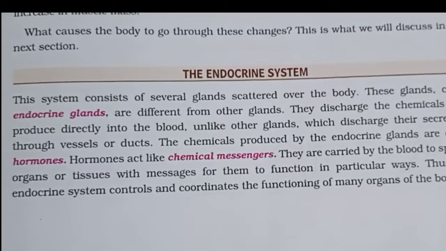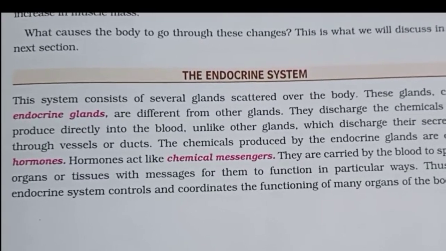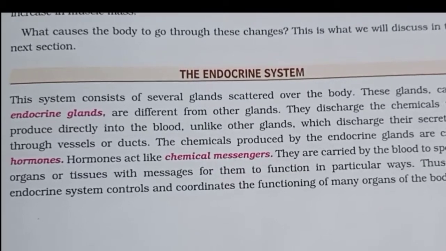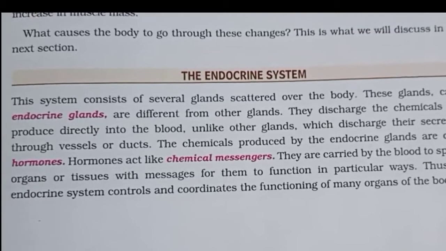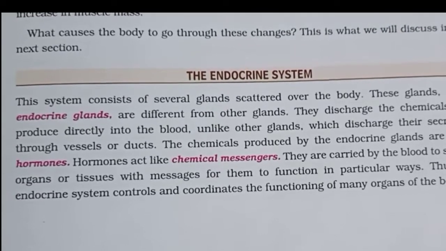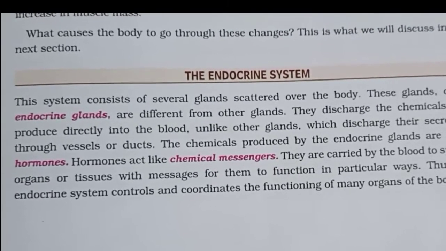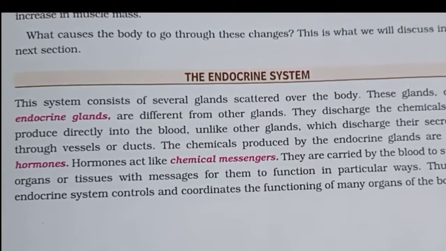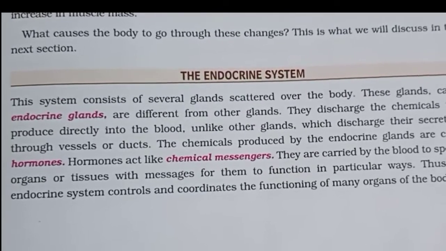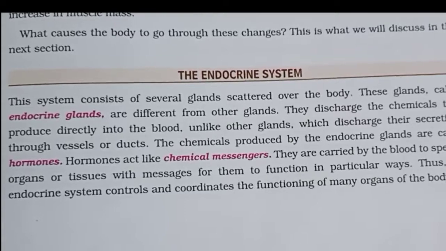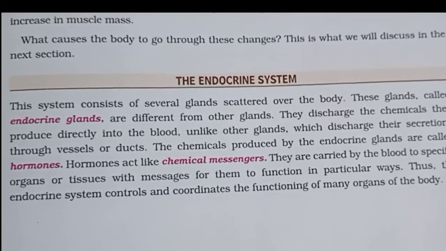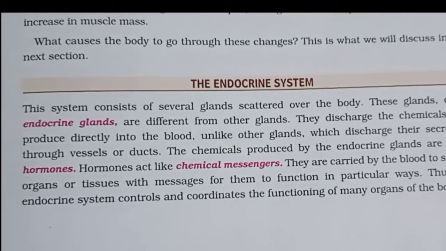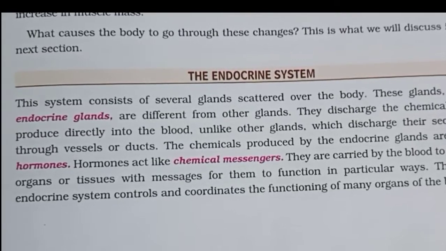The system that consists of several glands that are scattered all over our body is called the endocrine system. And the glands which are counted under this system are called endocrine glands.